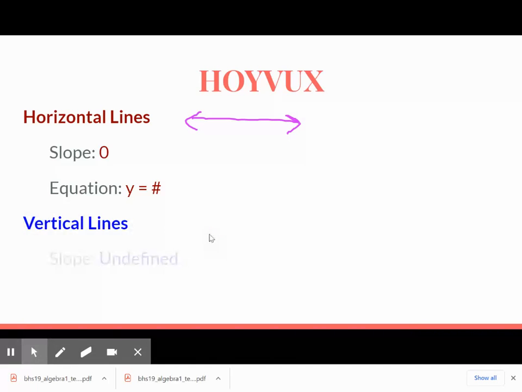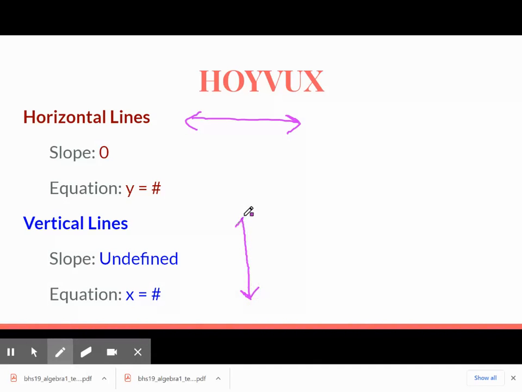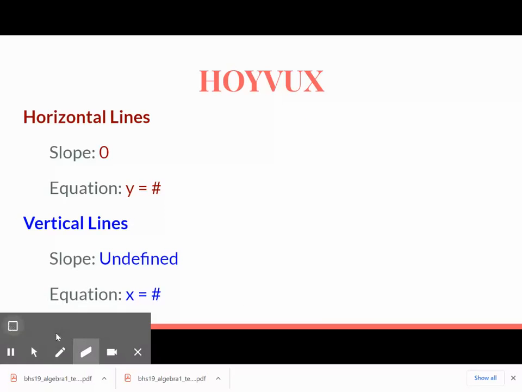Vertical lines have an undefined slope, and their equation is X equals a number. And a vertical line looks like this, up and down.